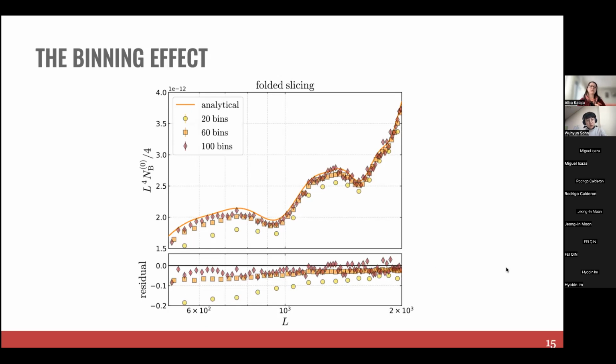And the reason behind this, there's not only one reason. First of all, here we're looking at a very small type of signal. As you can see, this is of the order of 10 to the minus 12 in magnitude. And the scatter that comes from each realization can be quite high.